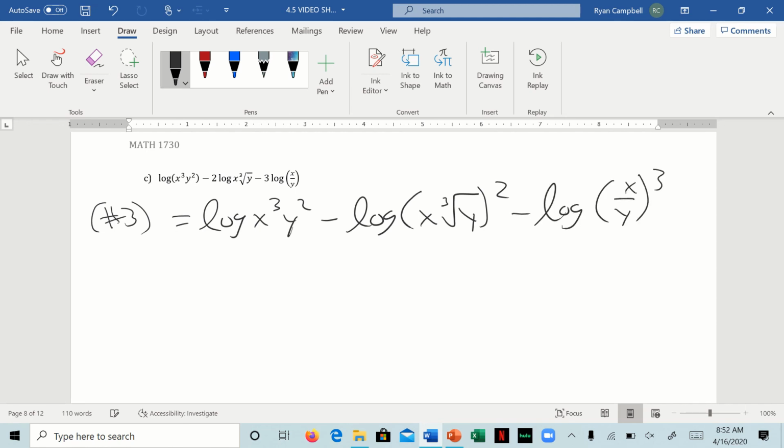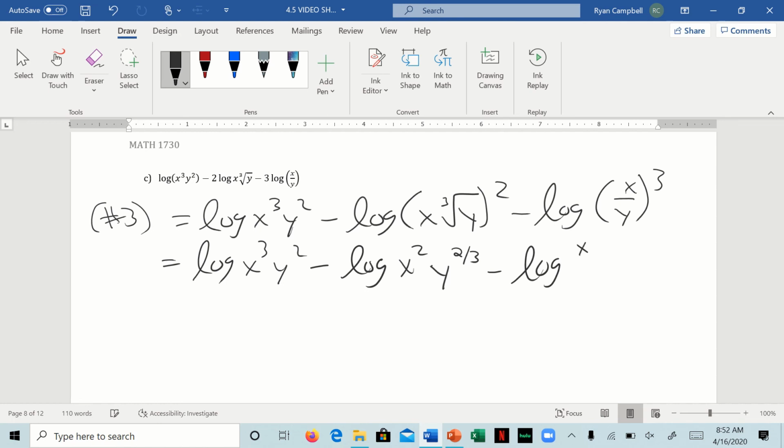And if you would like, you can simplify first. So we get log of x cubed y squared, minus log. So this is going to be x squared. And then, I mean, we can already put this in the regular exponential form because we'll have to simplify things later. So that would be 2/3 power, minus log of x cubed over y cubed.